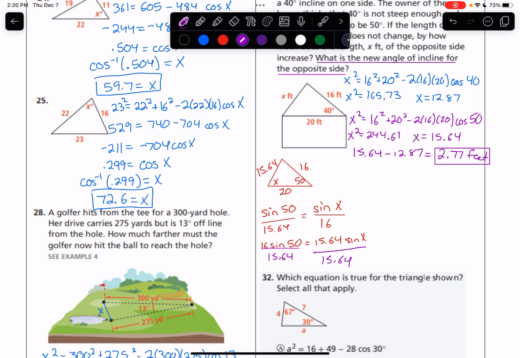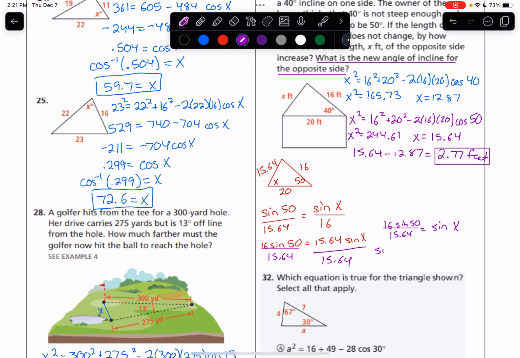And we get the sine of x is equal to 16 sine 50 over 15.64. And we can actually take the inverse sine of both of those sides.